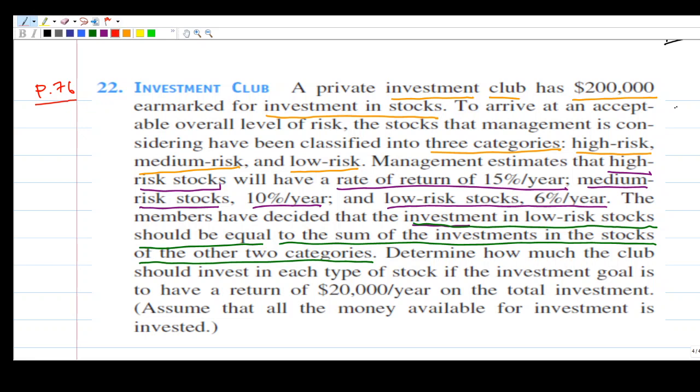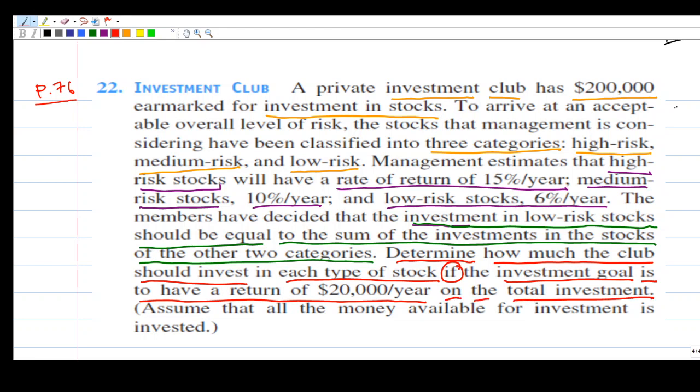And what we are required to do is determine how much the club should invest in each type of stock if the investment goal is to have a return of $20,000 a year on the total investment.